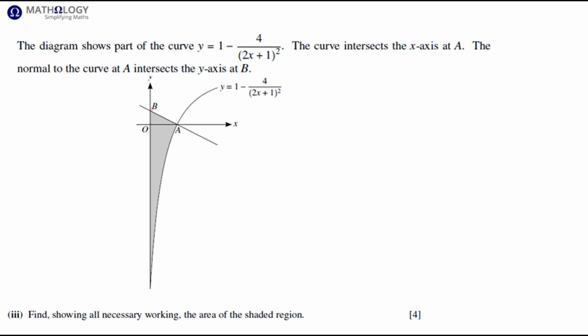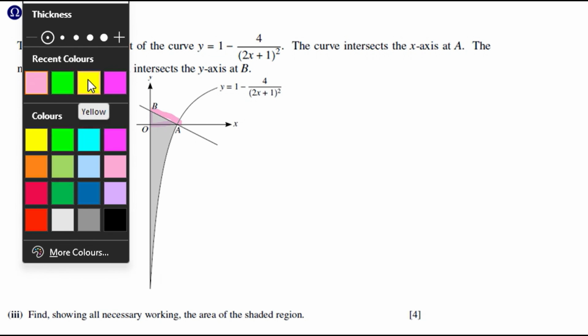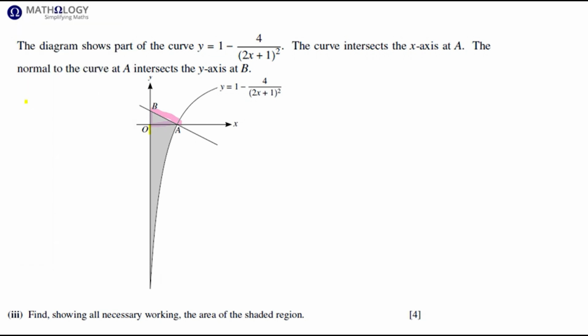We'll have triangle OAB, which lies above the x-axis, and then we've got the area of the shaded region beneath the x-axis, bound by the curve, the y-axis and the x-axis. So we're going to determine the area of each of these and then add them to get the total area of the shaded region.